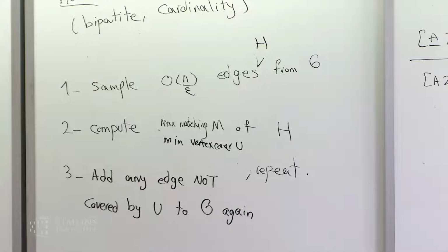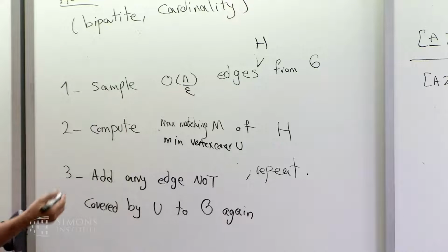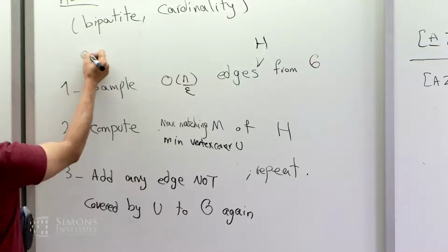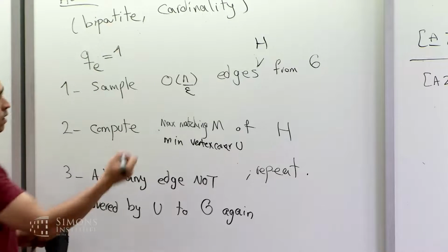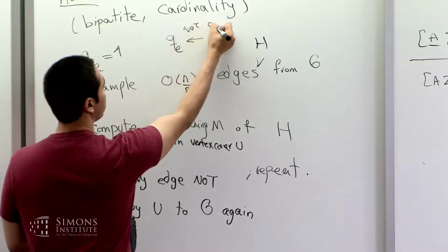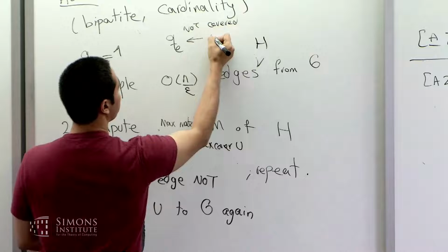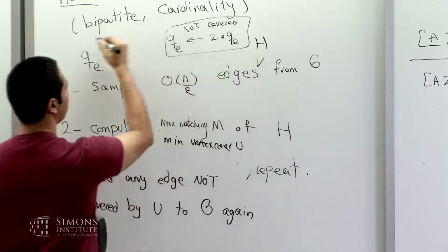So this is the algorithm. Let me do its analysis. It may help to think of this as you are defining weights over the edges. So you have a weight Q_e, originally equal to 1. And if you do not cover it, you just double that weight. Does it make sense?